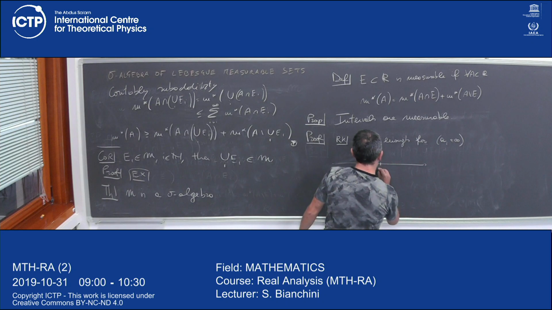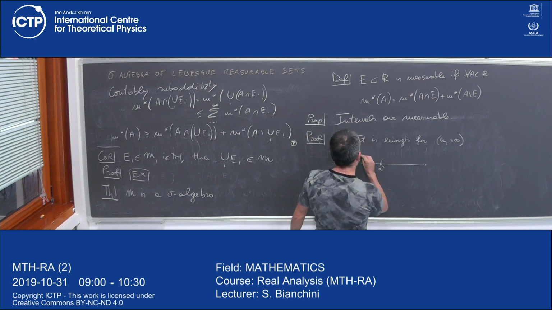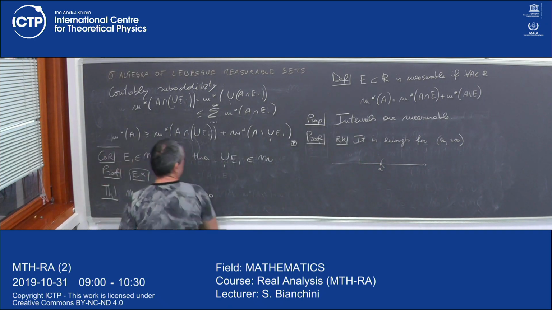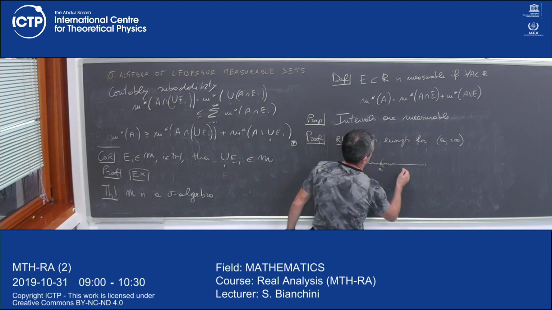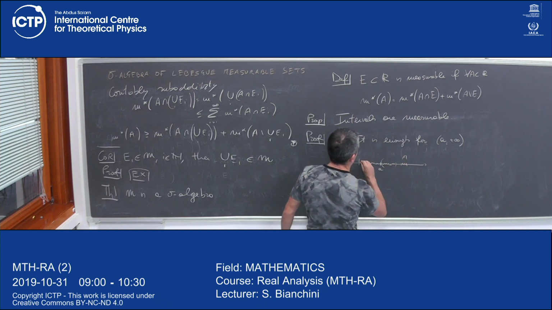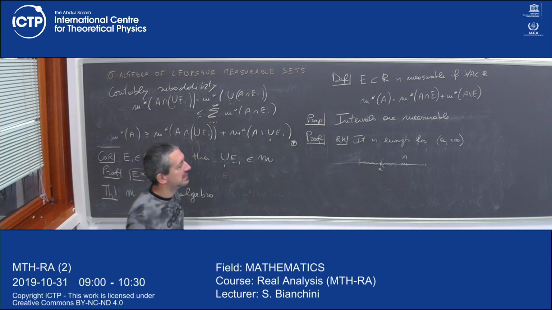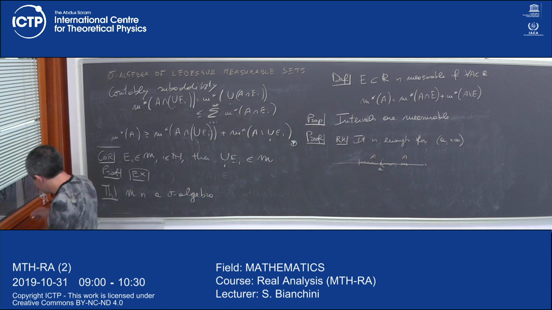Okay, so this is a. I'm taking the open set here. And let's say I have a large capital A over here. I draw it like this because it's a complicated set. It's A also here.